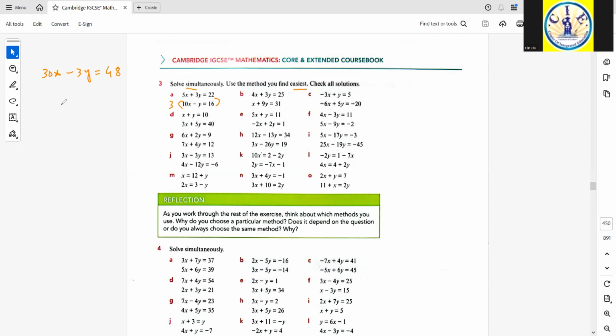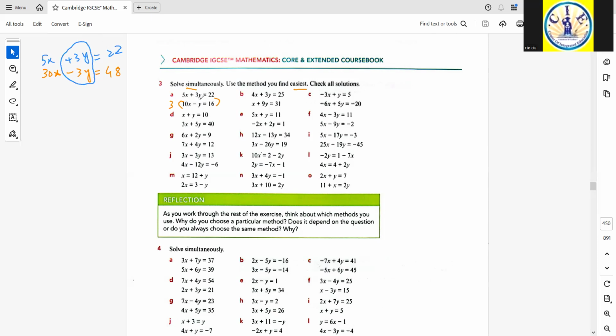Now, the first equation remains the same, 5x plus 3y equals 22. Now you see 3y and negative 3y.